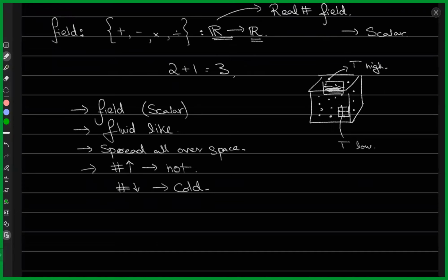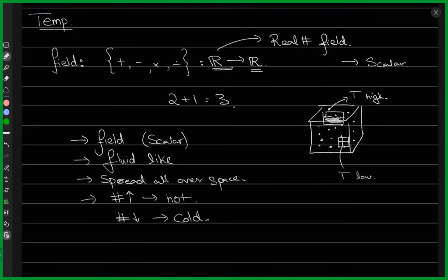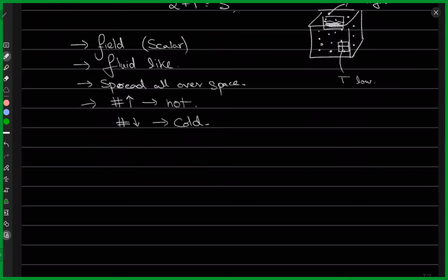Right. So now, suppose we have been talking in terms of just one body, right? This is just one body. Suppose that we have two different bodies. Suppose this is body A and this is body B. Now, suppose that body A is at some temperature T1 and body B is at some temperature T2.